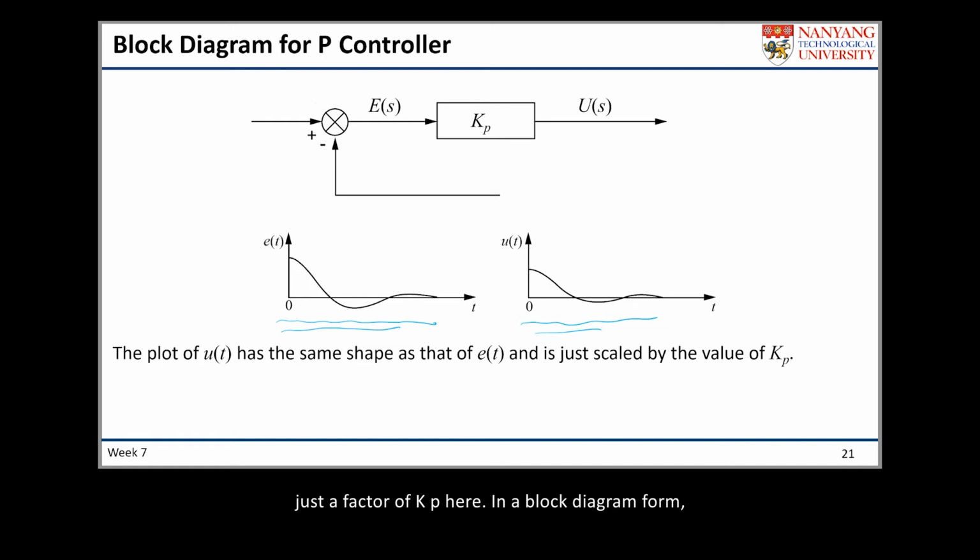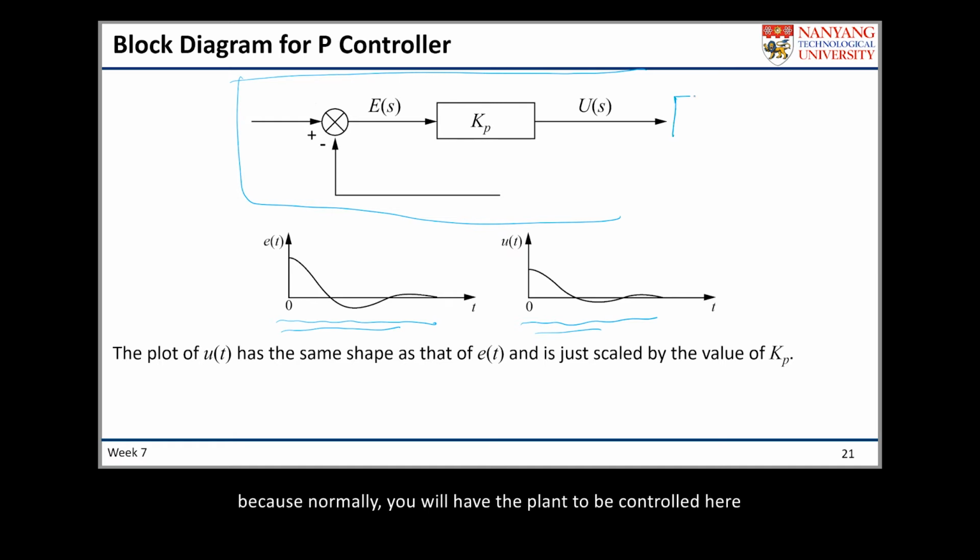In block diagram form, you can write your proportional controller into this kind of form. So this is just a partial drawing of the block diagram of your controlled system with a P controller, because normally you will have the plant to be controlled here, and then this is your output.